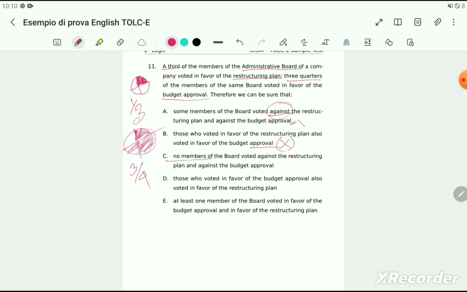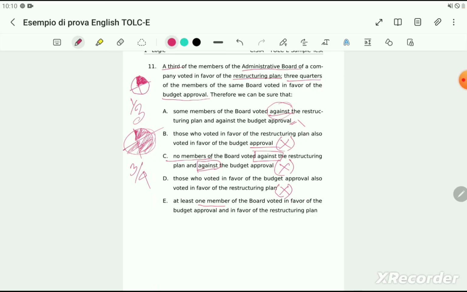No, we know already some of them voted against, there might be some members who voted against. Those who voted in favor of the budget approval also voted in favor of the restructuring plan. No, we cannot be sure, because there is no link between them in the question. So both events are independent.